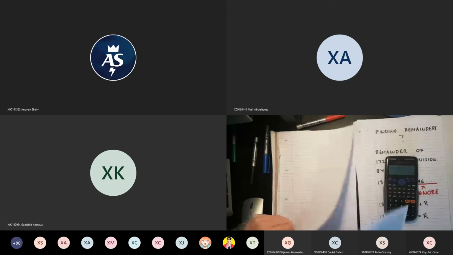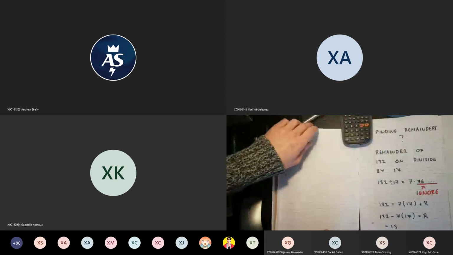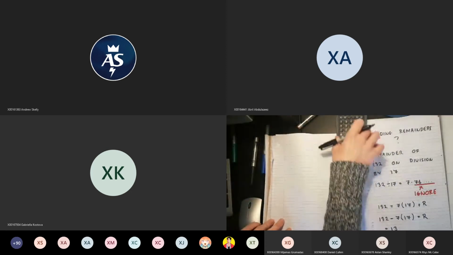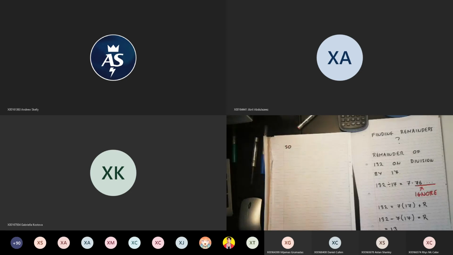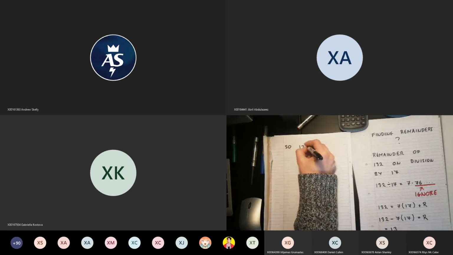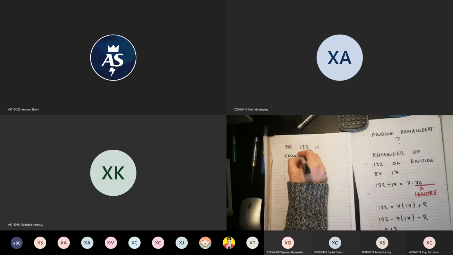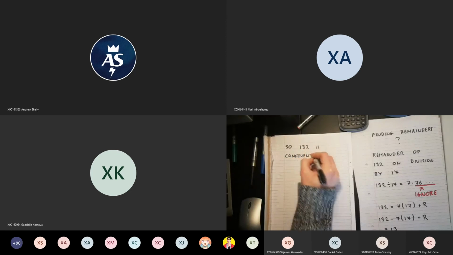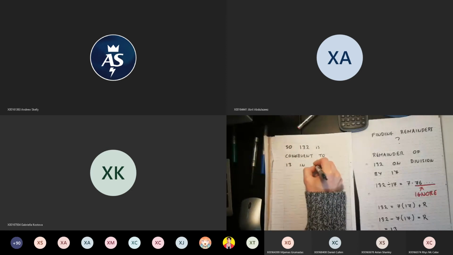Sorry, I'm actually covering the calculation there. I didn't mean to do that. So that would mean 132 is congruent to 13 in mod 17.